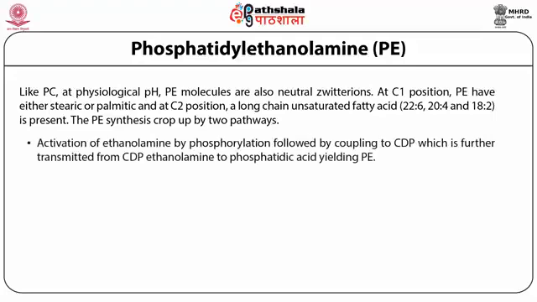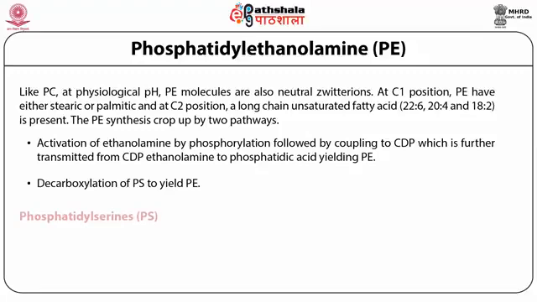The first pathway: the activation of ethanolamine by phosphorylation takes place, followed by the coupling to CDP, which is further transferred from CDP-ethanolamine to phosphatidic acid, yielding phosphatidylethanolamine. The second pathway: the decarboxylation of phosphatidylserine forms phosphatidylethanolamine.